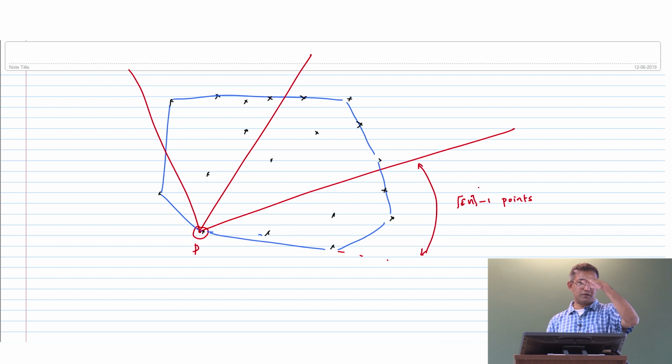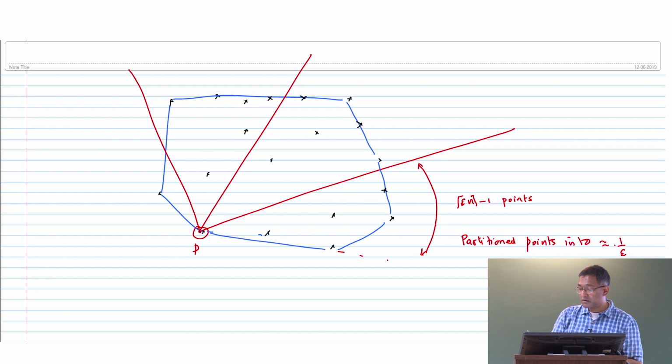So from P, I radially create these rays. I sweep along, and at the moment I have ceiling epsilon n minus 1 points, I create a ray. So I've partitioned the point set into how many groups? So we have partitioned the points into about 1 over epsilon groups.